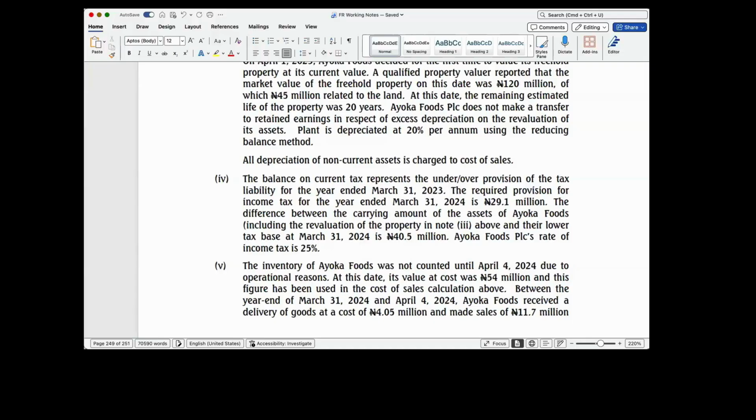Does anybody here know, is it a taxable temporary difference or a deductible temporary difference?